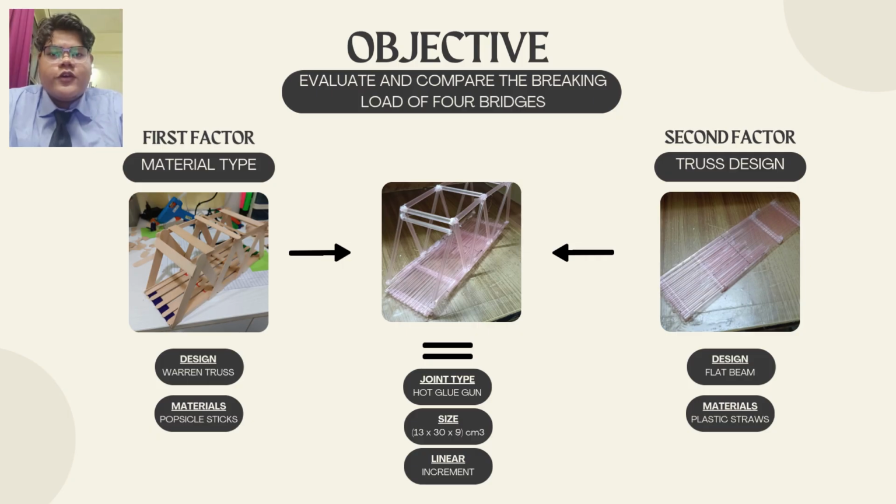To ensure a fair comparison, all bridges were constructed with the same dimensions of 13 cm height by 30 cm length by 9 cm width and used the same joint type, which is hot glue. The load was then increased gradually until the bridge failed. This experiment is conducted and shared among the group.